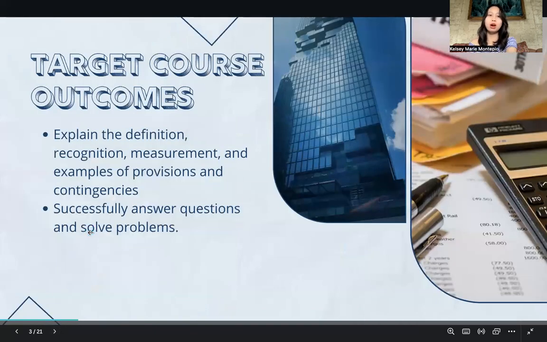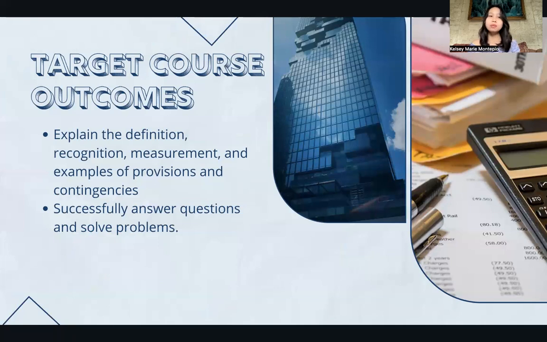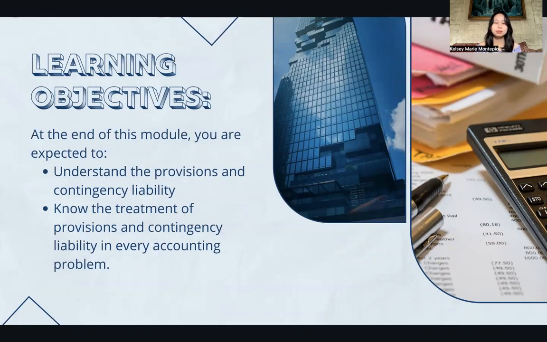So we have here our target course outcomes, which state: to explain the definition, recognition, measurement, and examples of provisions and contingencies. Next, successfully answer questions and solve problems.